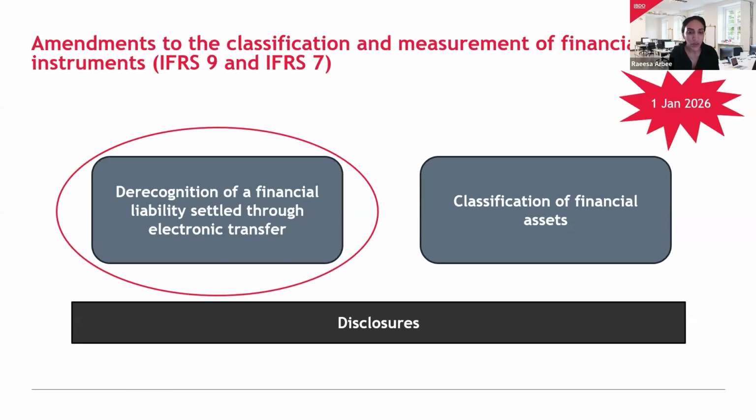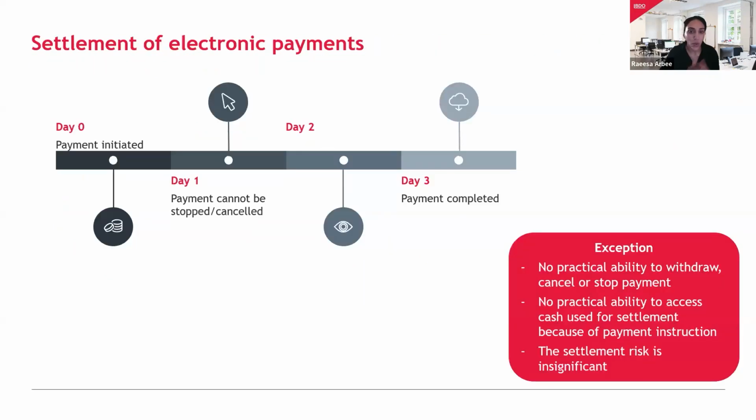Firstly, it clarifies the general guidance on when financial assets or financial liabilities should be recognized and derecognized. And then it says, here's an exception for certain financial liabilities that are settled using an electronic payment system. And so let's have a look at an example on the next slide as to what this all means practically.